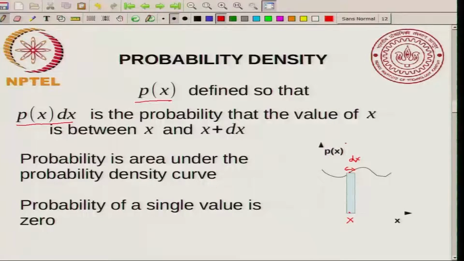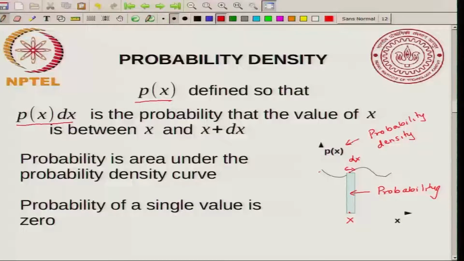So, what we are plotting here, this p of x, is a probability density, and the area under it, this area, is the probability. So, the probability that x is between x and x plus dx is this.